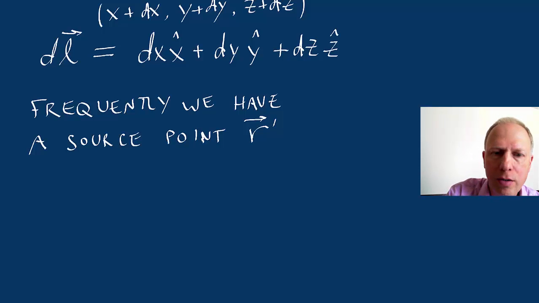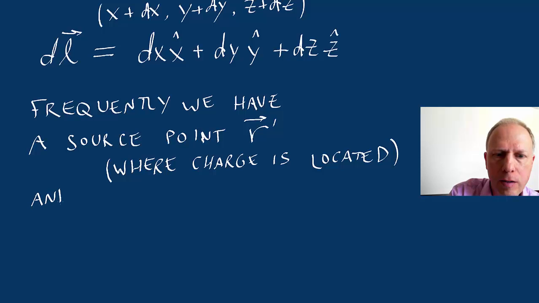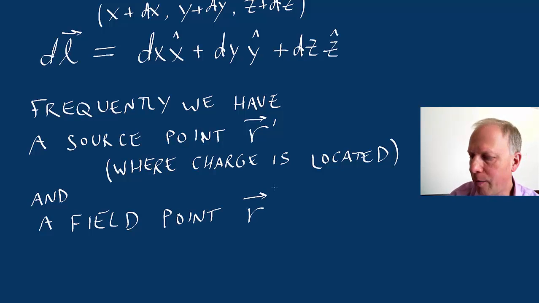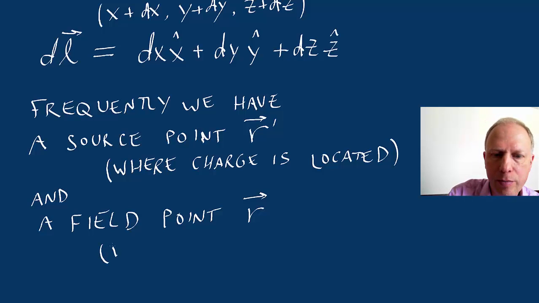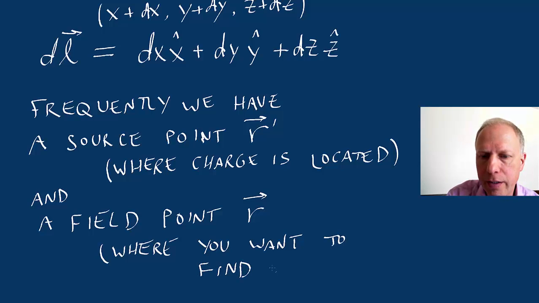For example, where some charge is located, and what you could call a field point, denoted by r without a prime. For example, where you want to find the electric field. Where you're trying to calculate some fields.